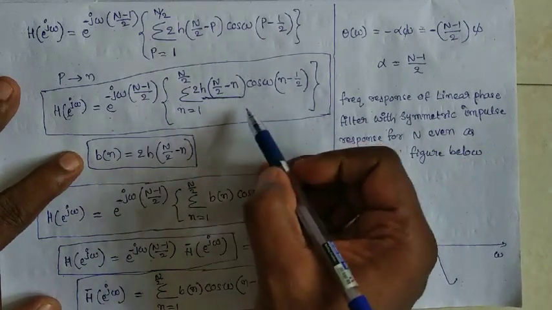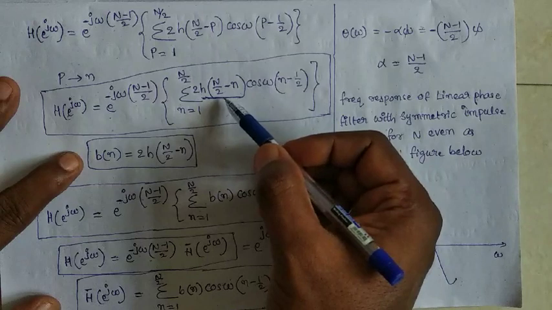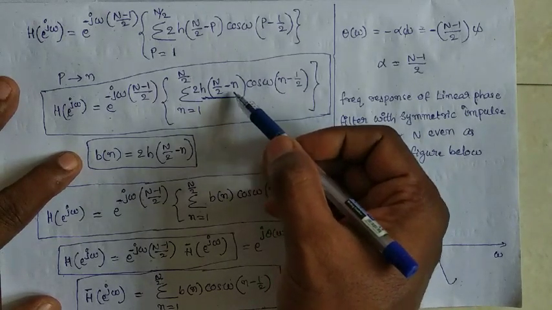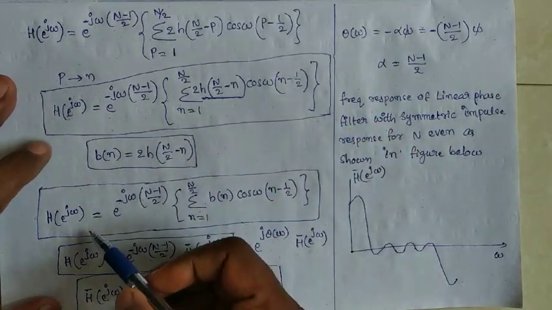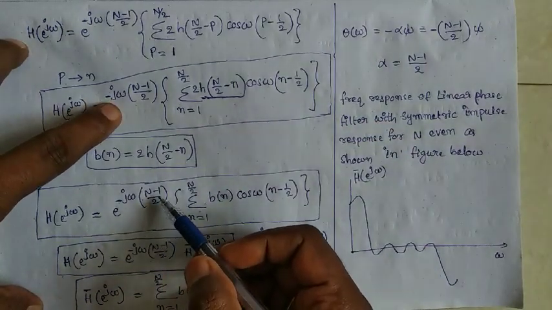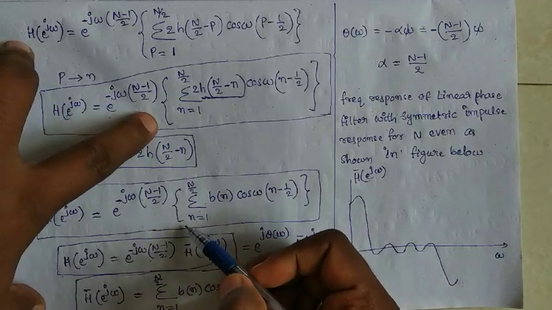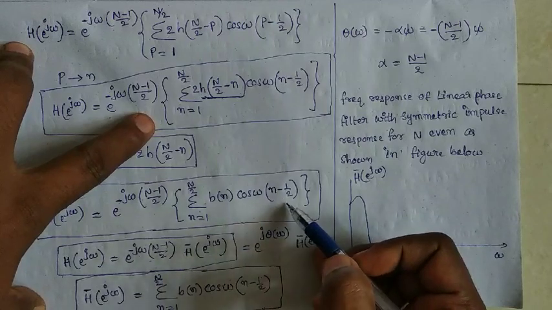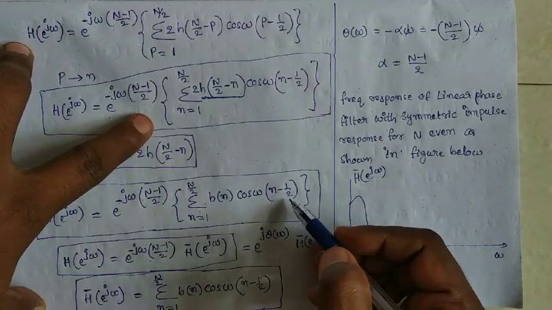2 into h of capital N by 2 minus n is equal to b of n. The above equation can be written as h of e power j omega is equal to e power minus j omega of capital N minus 1 by 2, of summation n is equal to 1 to N by 2, b of n cos omega of n minus 1 by 2.